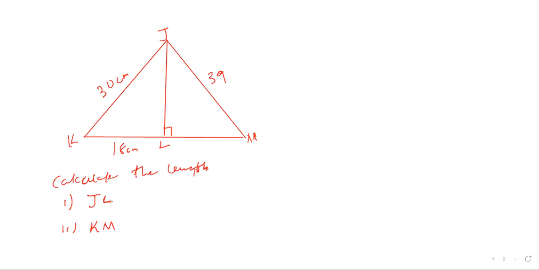After you find JL, you want to find KM. So I'll give you guys some 10 minutes to figure it out. Everybody should find JL for me. Then later you're going to find KM.